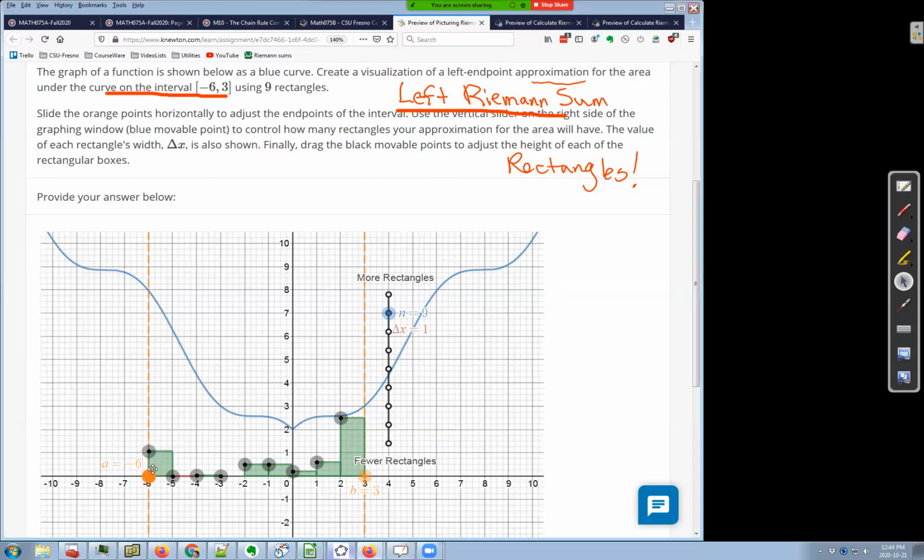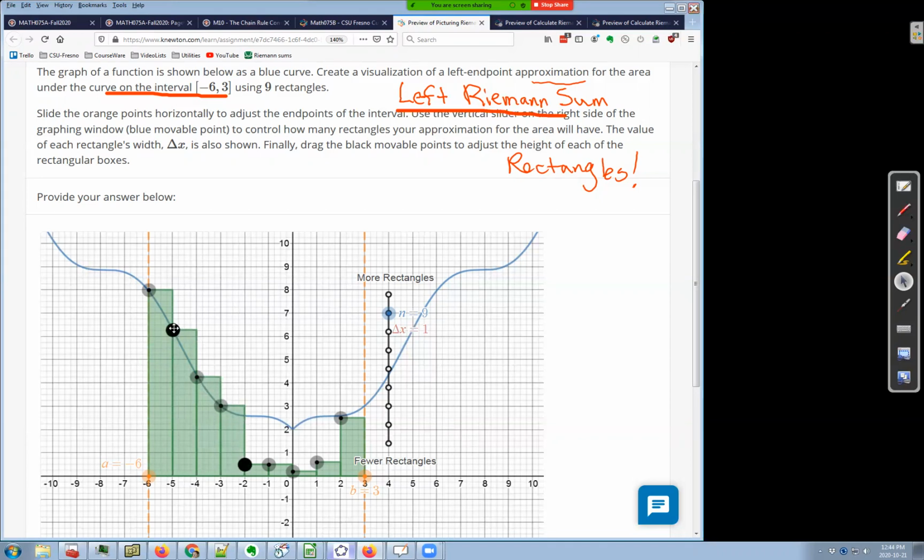So I take the left-hand side of my first rectangle, and I drag it up until it touches the curve. Then I do the same with the left-hand endpoint of the second rectangle. Drag it up until it touches the curve. You might worry, how do I know I'm hitting the curve exactly?